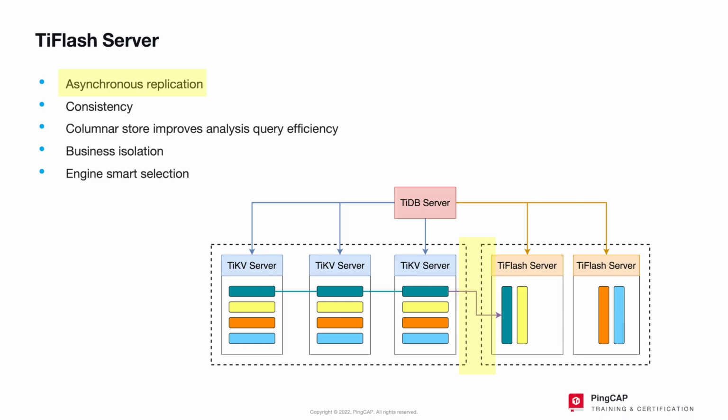This operation is performed asynchronously. There is even a special Raft role that performs this task. The Raft learner handles this. If a TiFlash node goes down, or if the network has high latency, the data can be read from TiKV. This redundancy ensures normal operations.